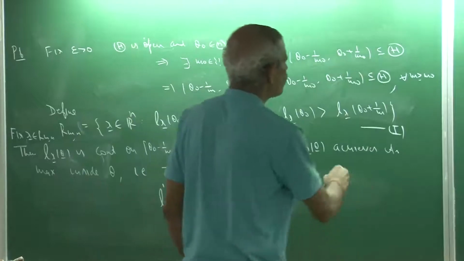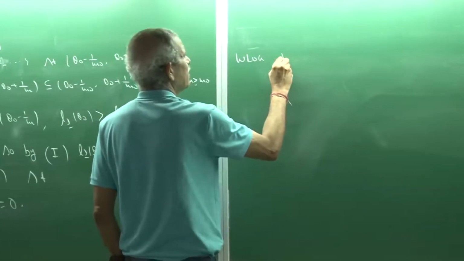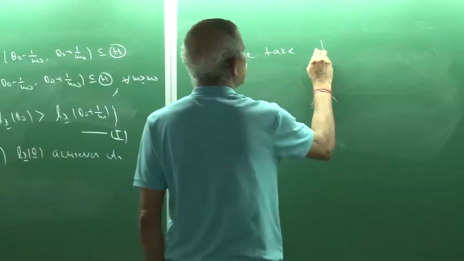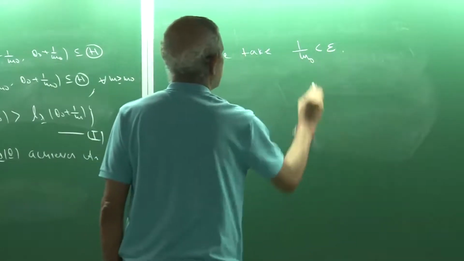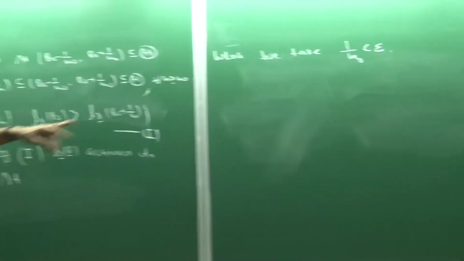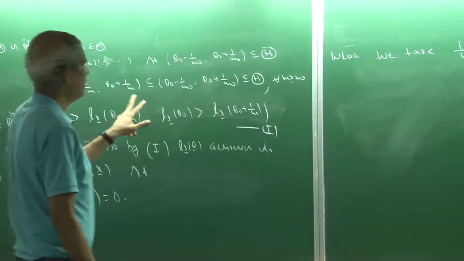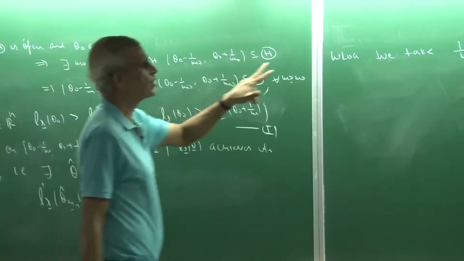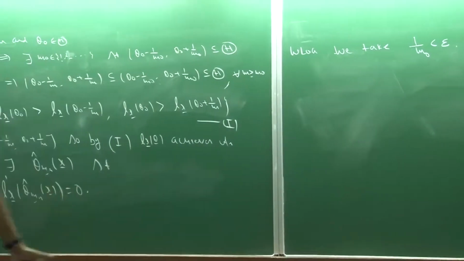So without loss of generality, I can take 1 by m naught to be less than epsilon. Why? Because m naught is large enough. I am choosing m naught because this is happening for every m greater than or equal to m naught. So I can choose m large enough so that 1 upon m naught is less than epsilon.